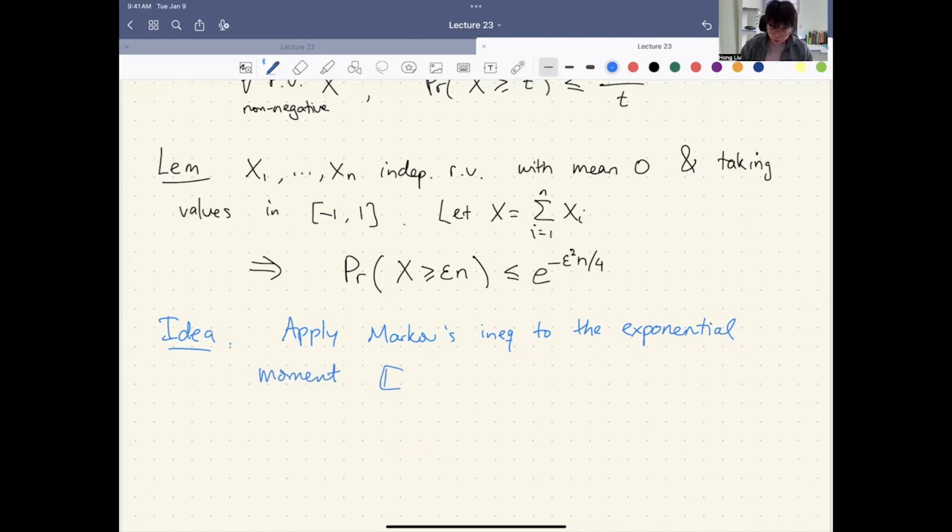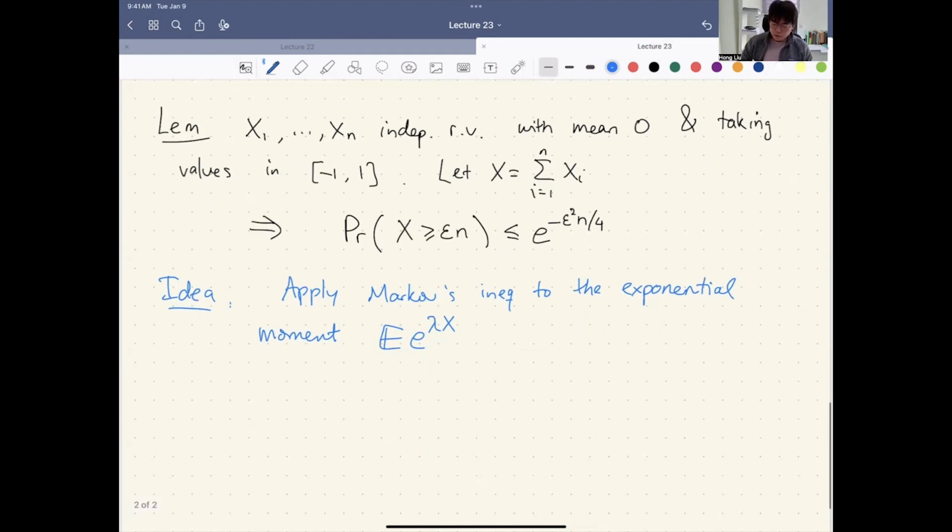The exponential moment is this guy, the expectation of e to the lambda x. So let's do that. The idea is simple. Proof. Let's write out this exponential moment.